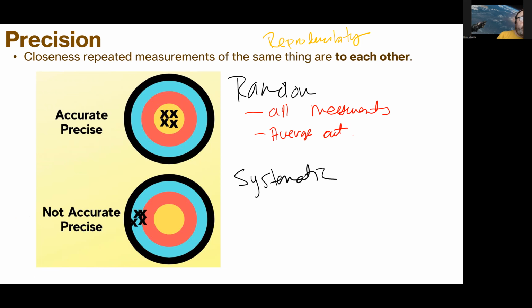Okay. When you have systematic error, all your data is wrong by the same way. Okay, you're always off by the same amount. Okay, this does not average out.